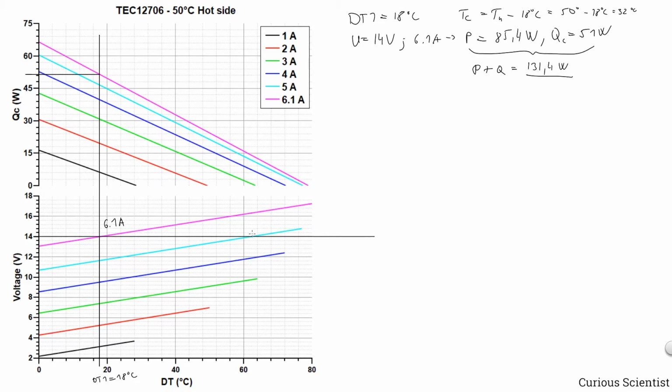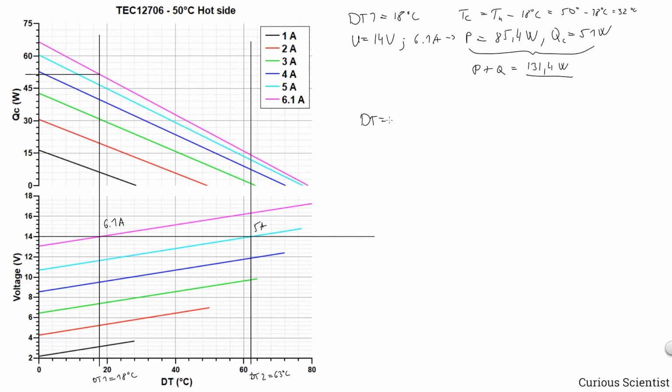But we see another intersection here, and let's see what is here. So I again drew a very long vertical line. So here we are at 5 amps, and DT2 now is 63 degrees Celsius.